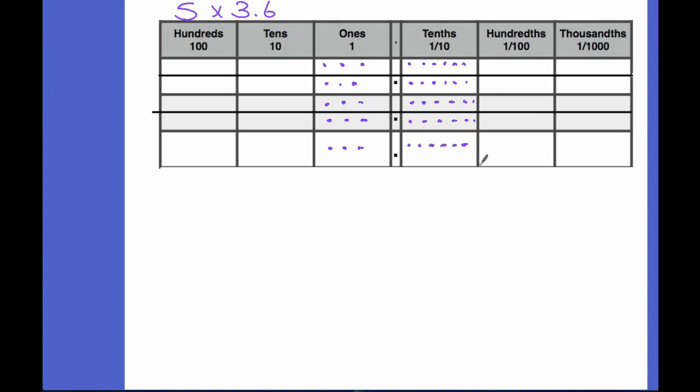And if I were to count up all of these, how many would I have? Does anyone know? 30? And what happens when every time we have 10, what happens?